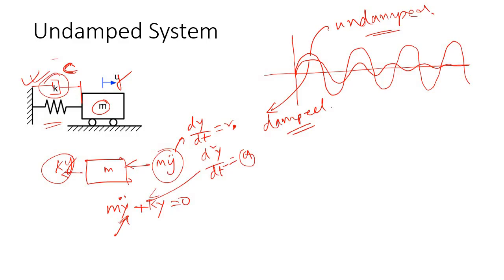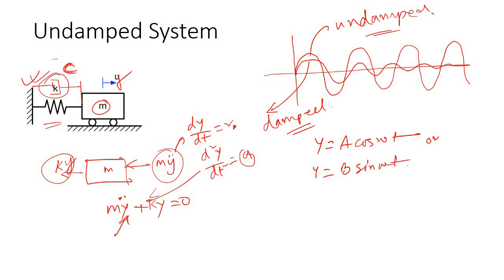What is the solution of this? To solve this differential equation, you have to assume a function, let's say y is equal to a cos omega t, or y is equal to b sin omega t.